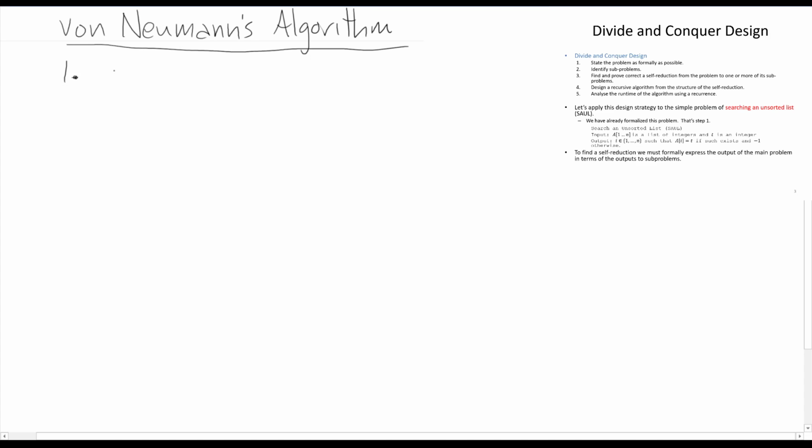But von Neumann's algorithm is a humorous algorithm. He claimed that this algorithm could solve any problem, and it has a couple of steps. The first one is write down the problem. That maybe makes sense. That was the same as our first step here, right?